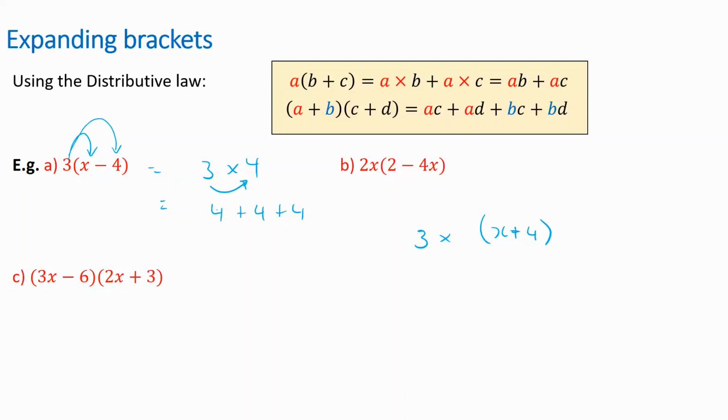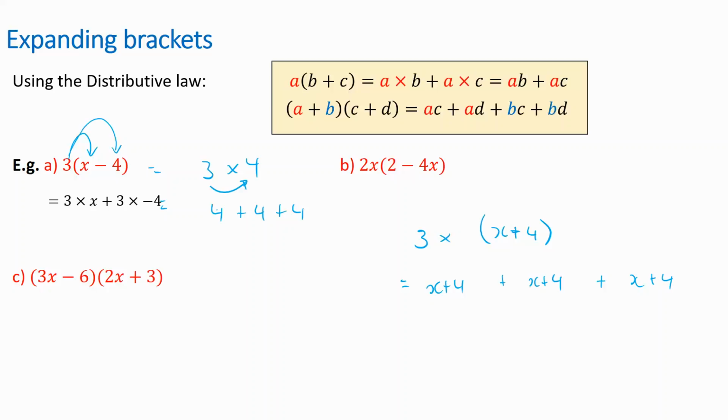So if you write down 3 groups of x plus 4, this is one group, this is another group, that's 2 groups, that's 3 groups. I've got 1, 2, 3, just like you wrote here. Now if you read it, that makes a lot of sense why you say I've got x plus x plus x.